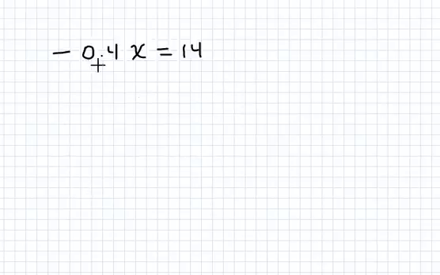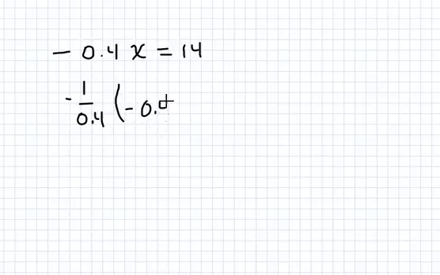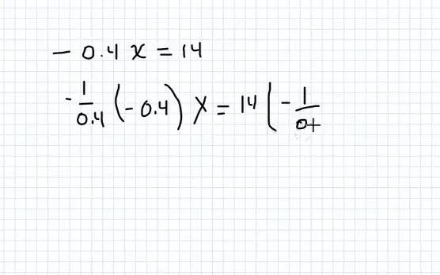Alright. We have negative 0.4 times x is equal to 14. So this time I'm going to multiply by negative 1 over 0.4, its reciprocal, just rewriting. x is equal to 14 times negative 1 over 0.4.